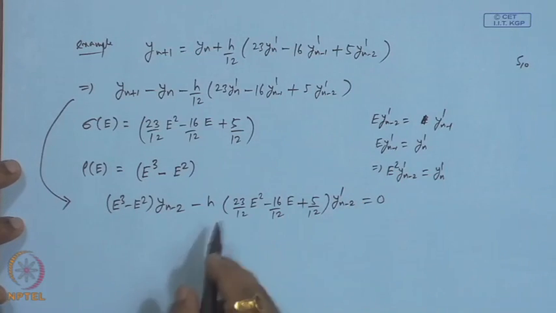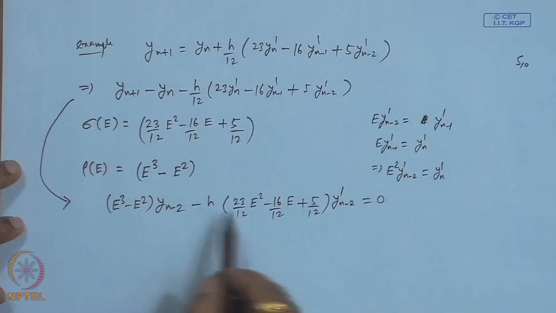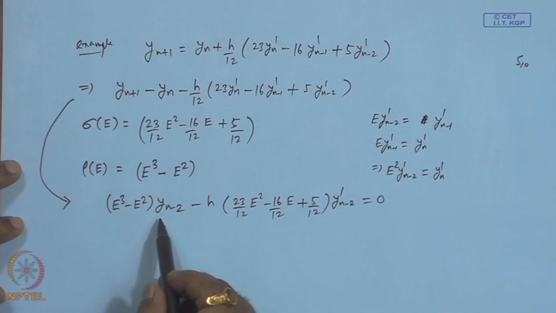Okay, exactly. So, we can work it out, right. So, y'_(n-2) and y_(n-2).